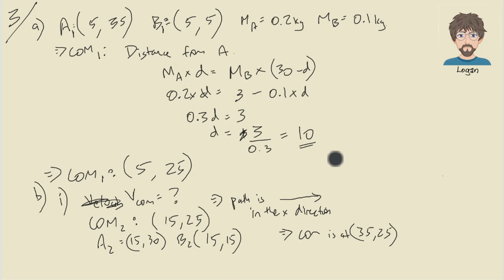If we want the position of puck A, then we're basically doing the reverse of the calculation we did up here. We know that puck B is at 10, so the difference between puck B and the centre of mass is 15 centimetres, from 10 to 25, and puck A has to be above that. So again, we go through the same thing.